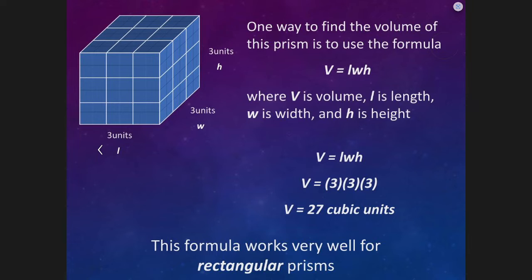Getting the volume of a rectangular prism, you just multiply length times width times height. Very easy. So this one, 3 times 3 times 3, we have 27 cubic units. This formula works very well for rectangular prisms.